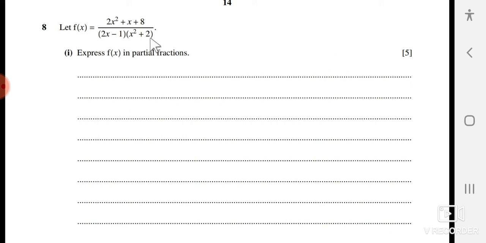Now let's see. Look, this is 2x squared plus x plus 8 over there. First of all, say A over 2x minus 1, plus Bx plus C over x squared plus 2, as you see there is x squared plus 2, which is a non-linear factor.